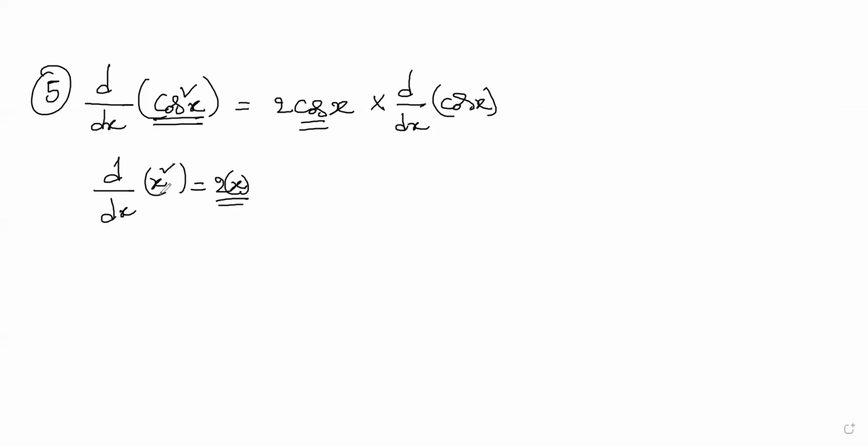I hope you got the idea. Assume that instead of cos square x, x square is there. The x square derivative is 2x. You know that very well. But because cos x is there, you have the extra part, which is multiplying the derivative of cos x. So this is 2 cos x times the derivative of cos x, which is minus sin x.